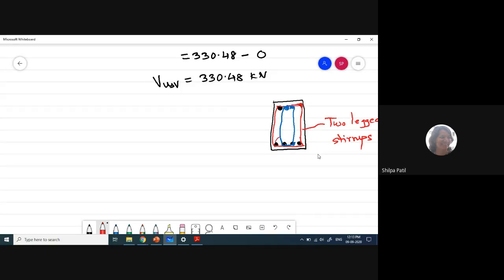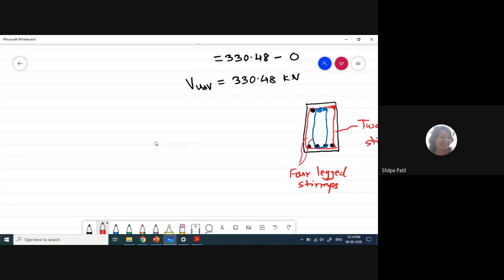So this is called 4-legged stirrups. Now in our case it is not needed because only 4 reinforcing bars are provided in the tension zone and minimum reinforcement is given in the compression zone, and we are actually designing the singly reinforced section. So for a singly reinforced section, normally we go for 2-legged stirrups.